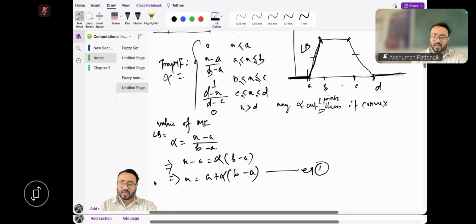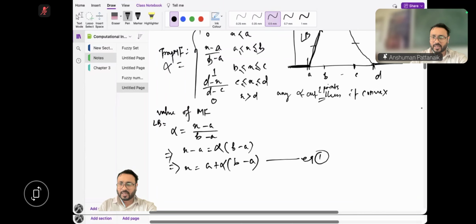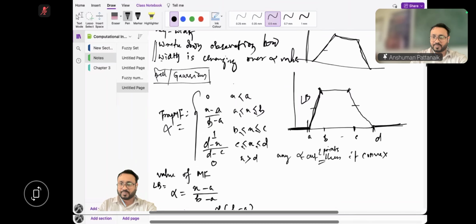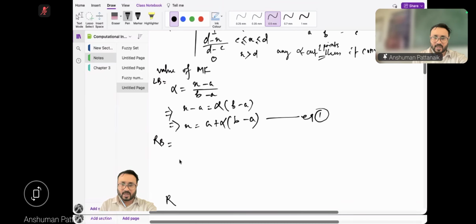Similarly, let's talk about the middle part. In the middle part alpha equals 1 is fixed, a constant from b to c, so no need to find an equation for this. Let's go for the next part, the right boundary. I can write alpha equals (d minus x) divided by (d minus c).